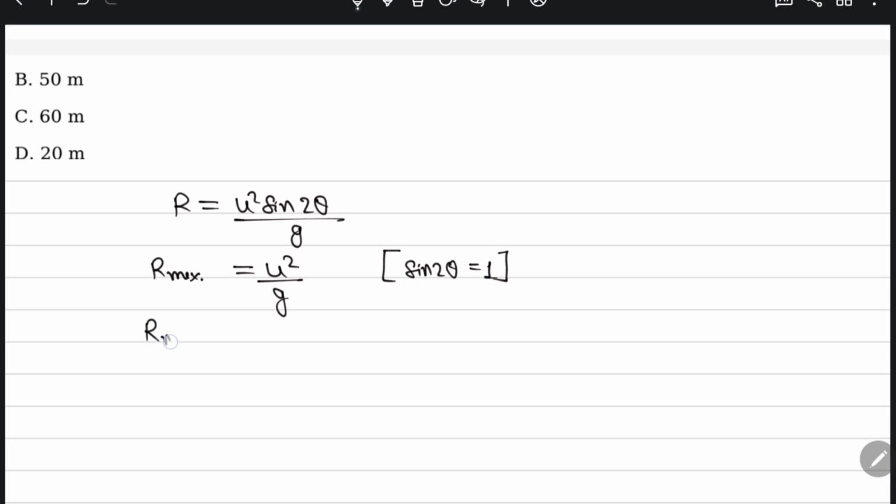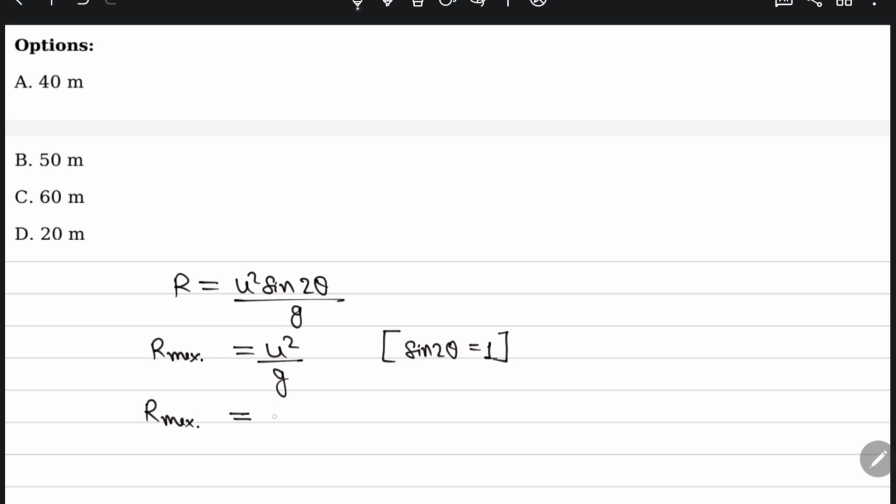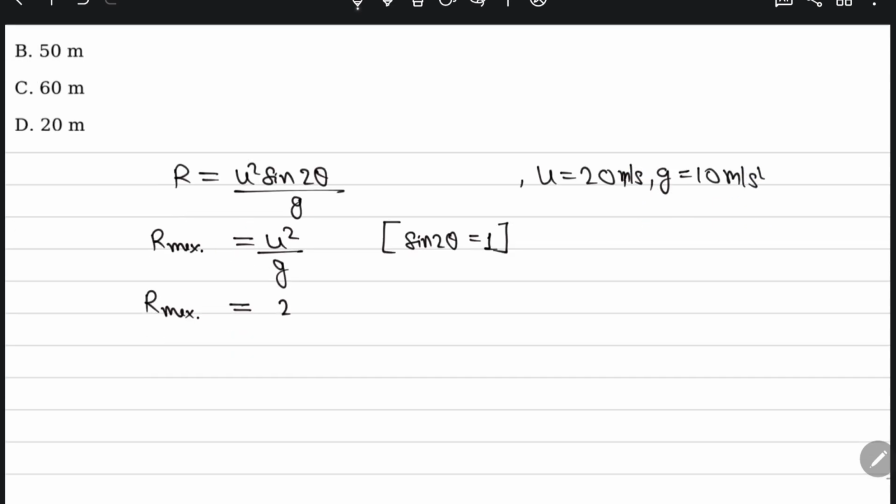So the maximum range comes out to be u square upon g, where they have given u is 20 meter per second and g is 10 meter per second square. So here 20 into 20 divided by 10.